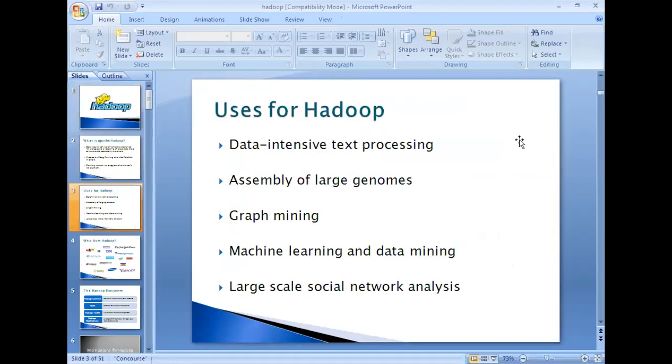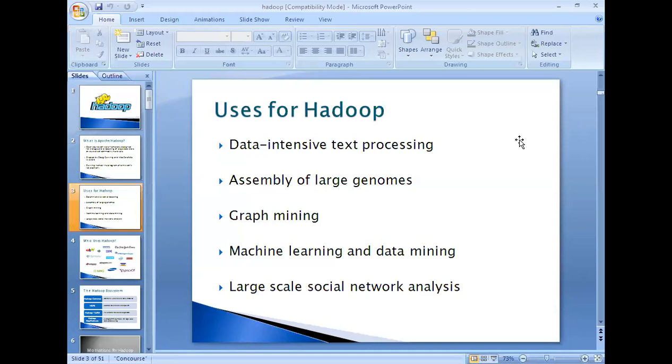Right? So what are the uses of Hadoop? What we can do with Hadoop is data intensive text processing and assembly of large genomes, which is also used to process genes, bioinformatics. You might have heard about the domain bioinformatics, where we can study genes and DNA, RNA, mRNA sequences. Let us think about today's COVID-19 situation.